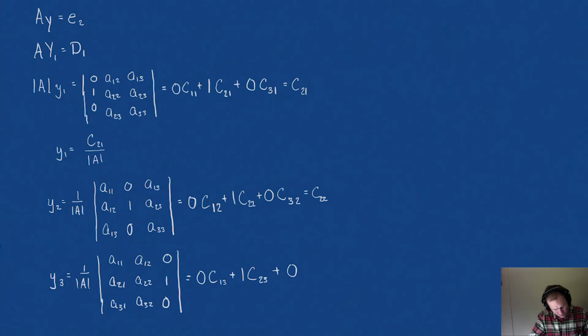Yeah, row 2, column 3. Okay, plus 0. This is a lot of indices to keep track of. C33. But that's just going to be C23.